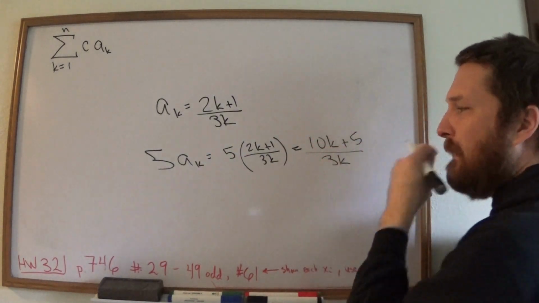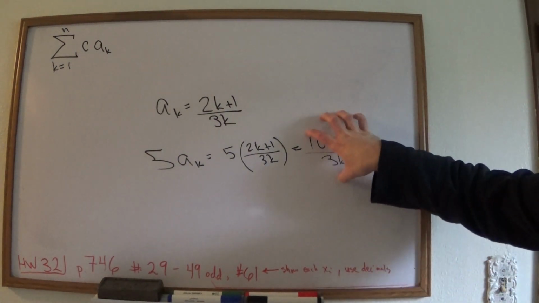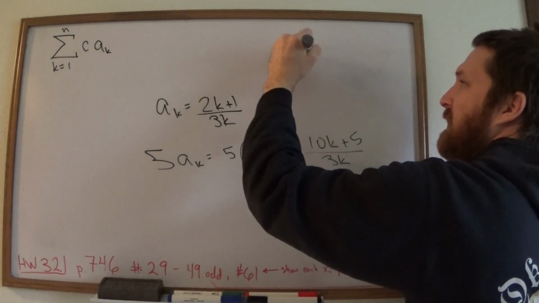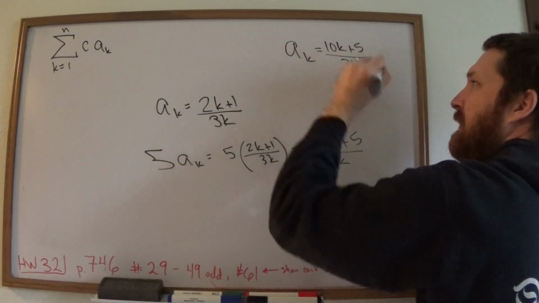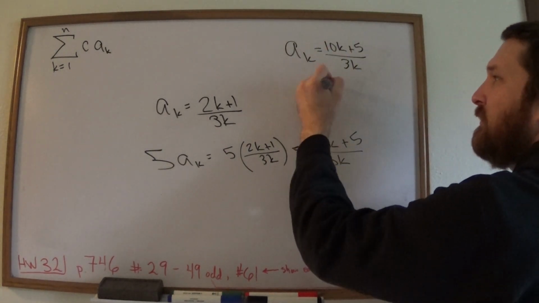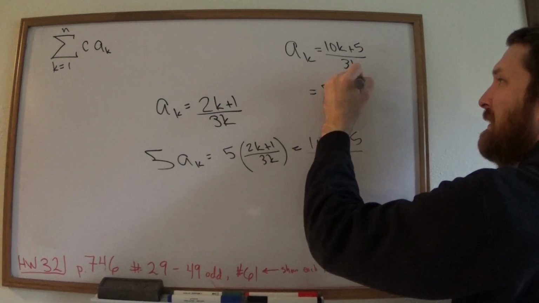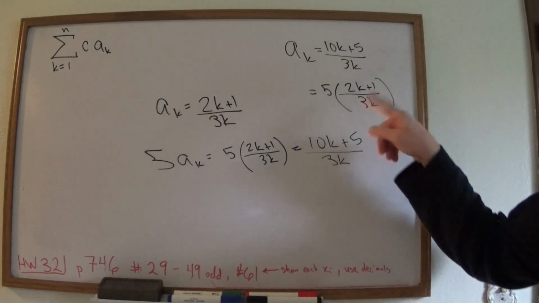So the thing I'm trying to show you is that even if your ak was given like this, since we can factor out a 5, we could rewrite this like this, 2k plus 1 over 3k. Then this theorem's still going to apply.